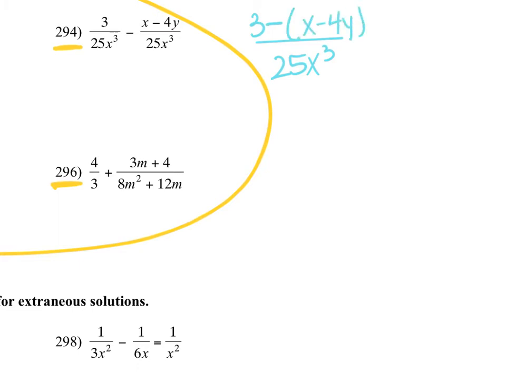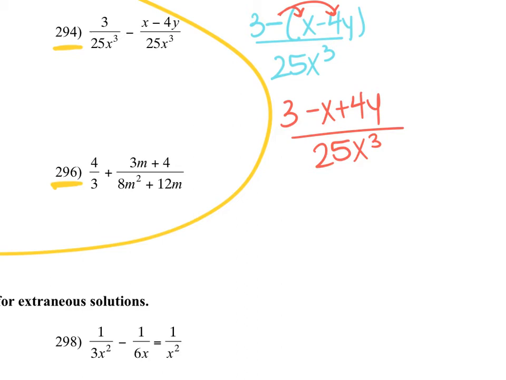Don't forget, you are subtracting all of that, so you do want to distribute. So 3 minus x plus 4y over 25x cubed, and I can't do anything else, so this would be my answer.